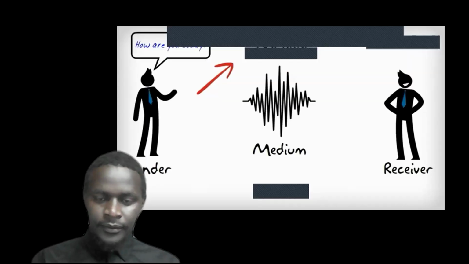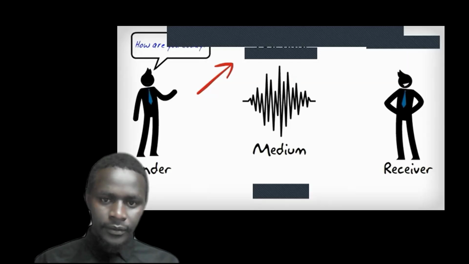The medium is the pathway through which an encoded message is transmitted to a receiver. Just as senders have to translate their ideas or messages into a form that can be understood by the receiver, receivers have to make sense of the messages they receive. Decoding is interpreting, or trying to make sense of a sender's message.